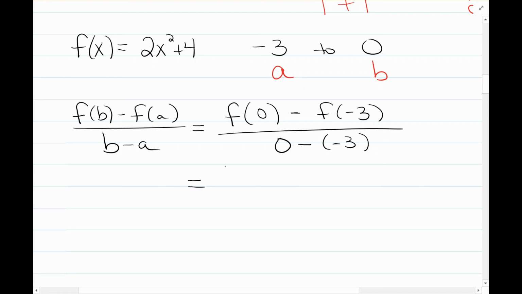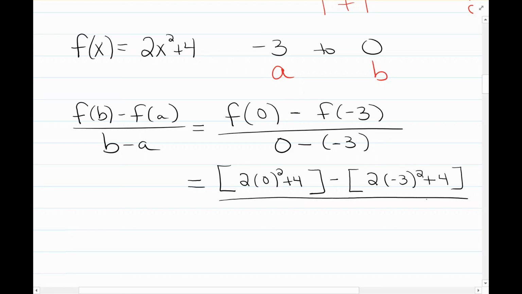So f of 0 means go to the original function, and wherever you see x, you put 0. Then f of -3 means go to the original function, and wherever you see x, you put -3. And at the bottom, that's going to end up being 0 plus 3, because the two negatives come together and make it positive.